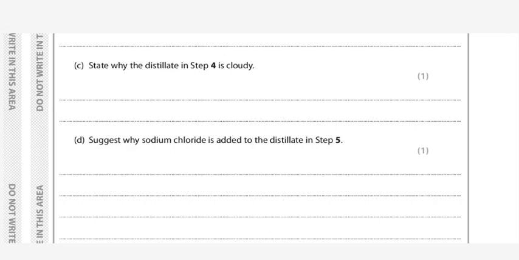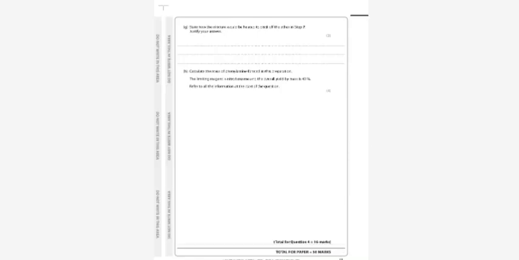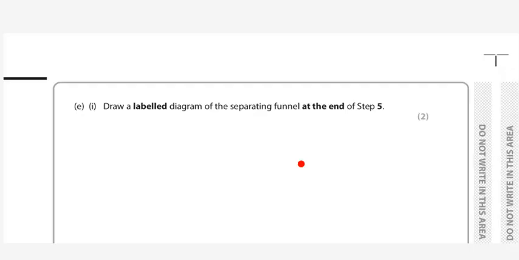Sodium chloride attracts the water molecules and separates them into the aqueous layer, resulting in effective separation.